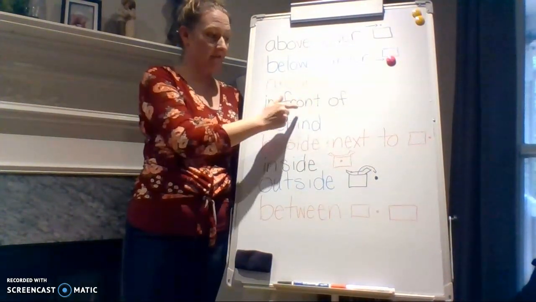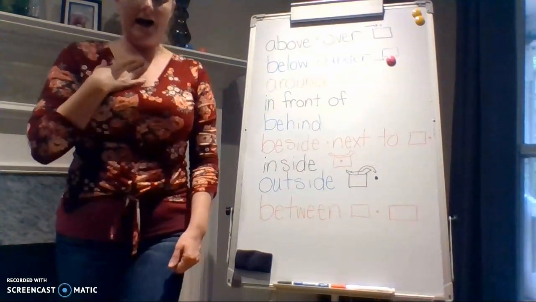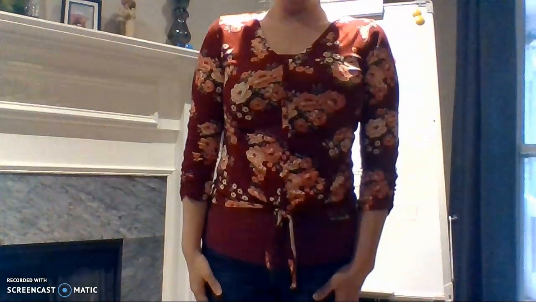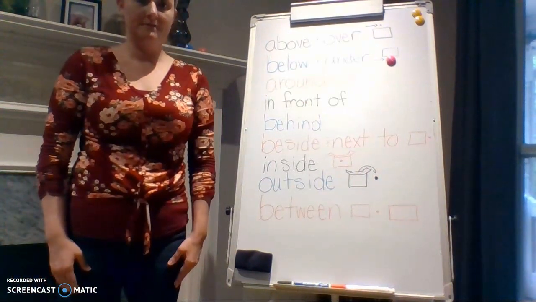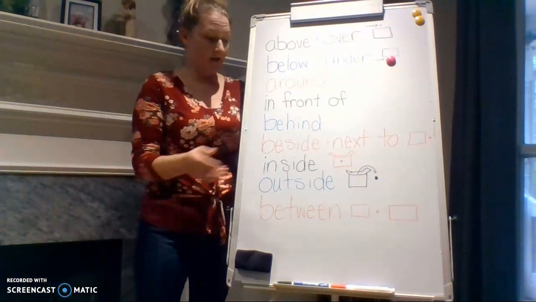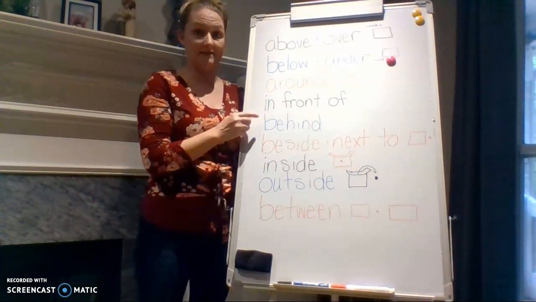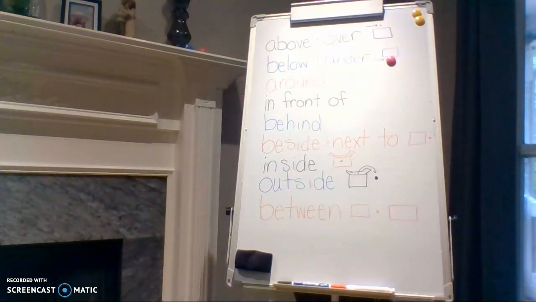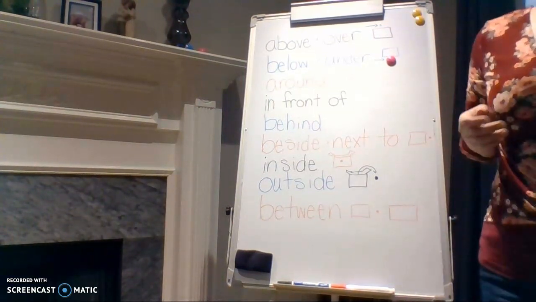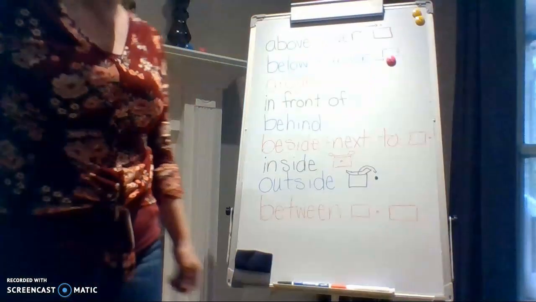It is in front of. I am standing in front of the board. In front of. Now the opposite would be behind. So I am going behind the board. Behind. And then I walked around.